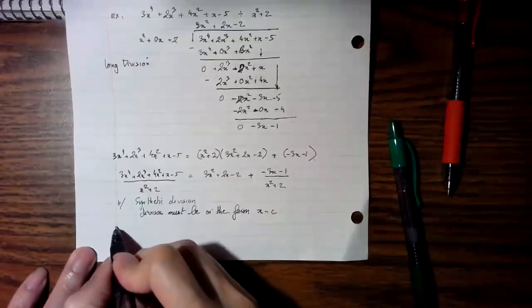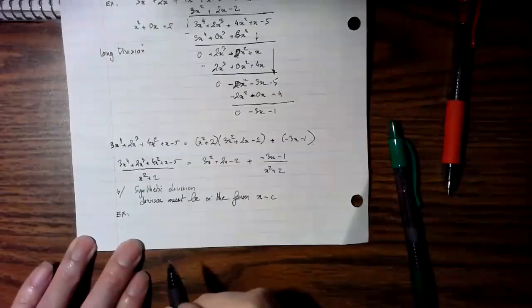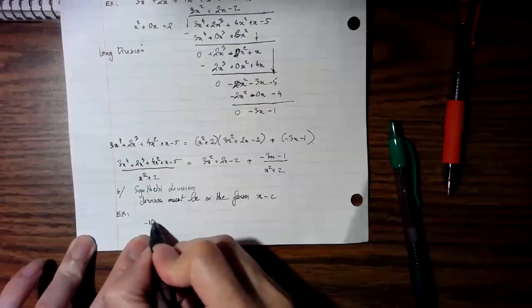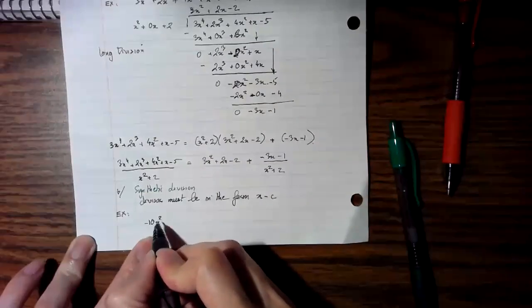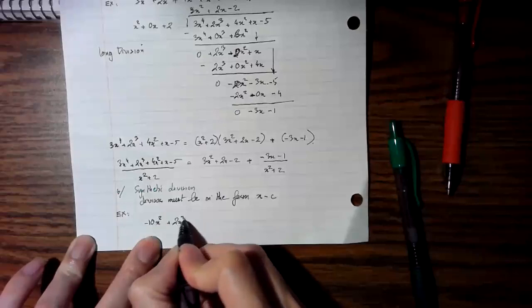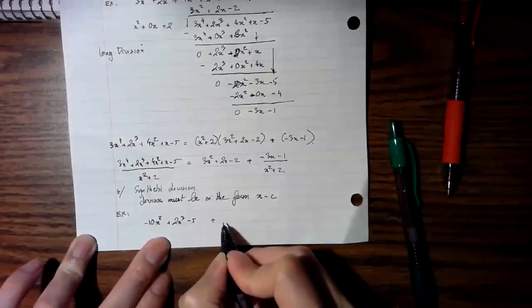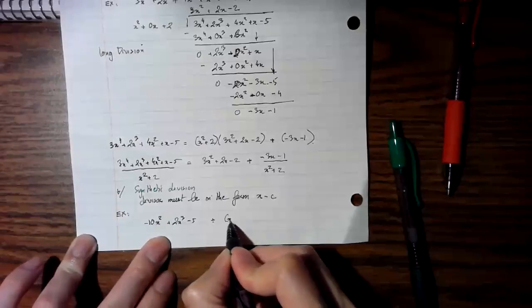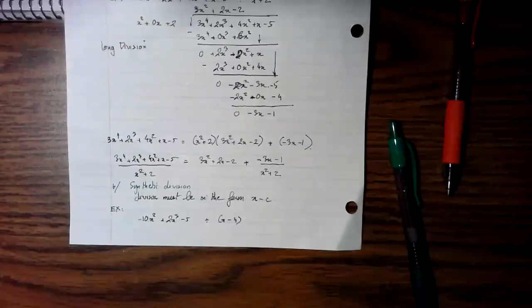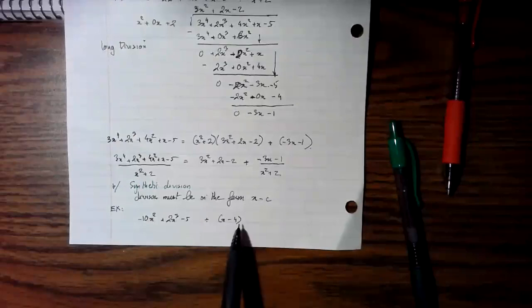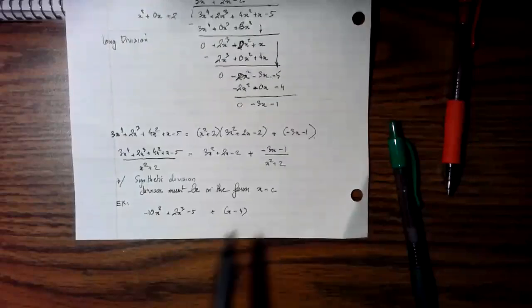For example, I have negative 10x squared plus 2x to the third minus 5, and I want to do division by x minus 4. So you see our divisor right here is x minus 4, which is in the form x minus c. C is 4.